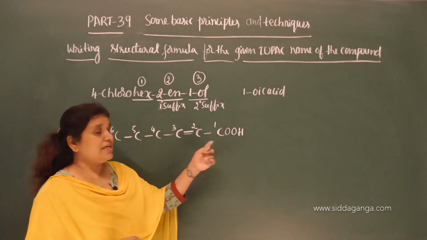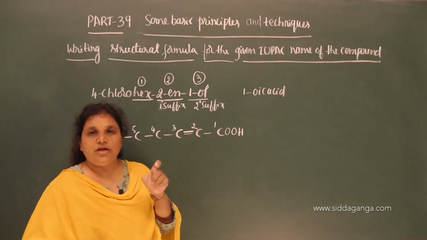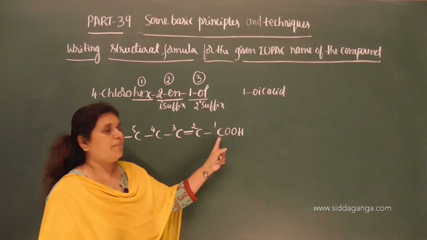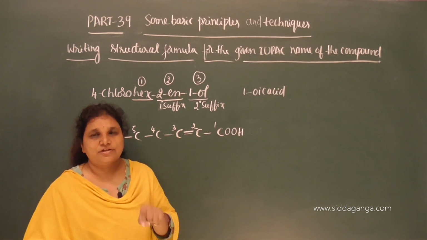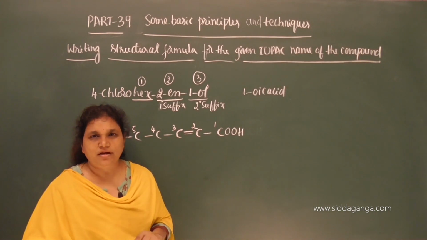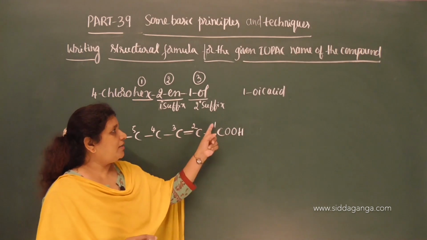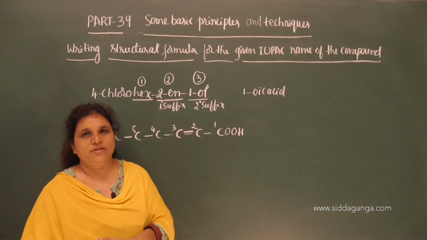Clear? If it is amide, then CONH2. You need to convert that carbon, look at the locant, the same carbon as a functional group. Clear? Only if it is a carbon containing functional group, we have to convert the same carbon as a functional group. Is that clear?